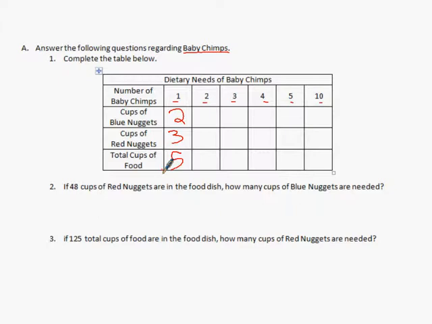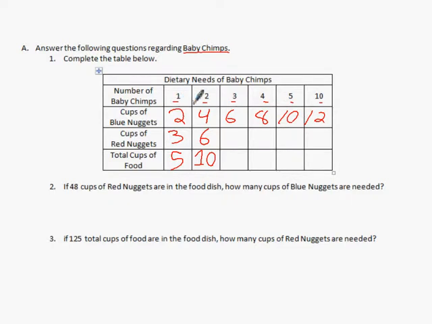To feed 2 baby chimps, we just multiply. 2 times 2 is 4. 3 times 2 is 6, and now we jump to 10 total cups of food. If you notice, we have a pattern here, so I can fill it in. I go 2, 4, 6, 8, 10, 12. The 12 is wrong, even though you might think to just continue the pattern.